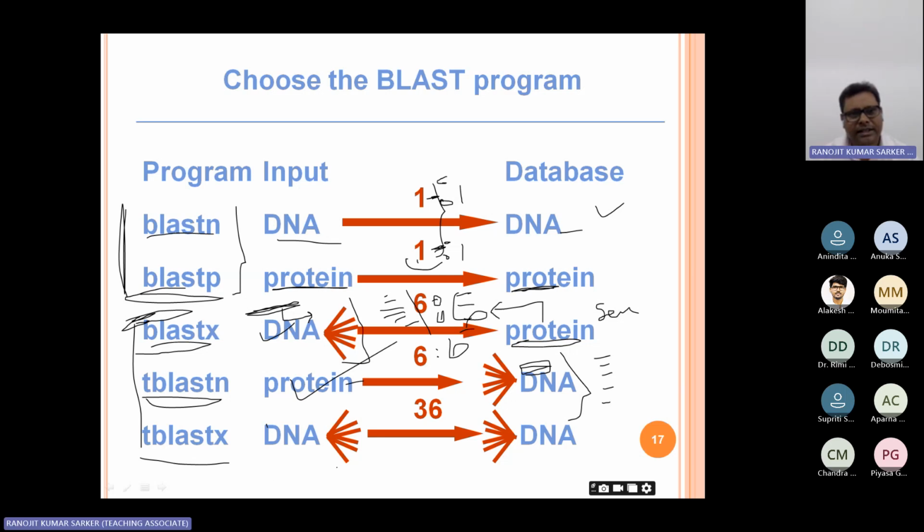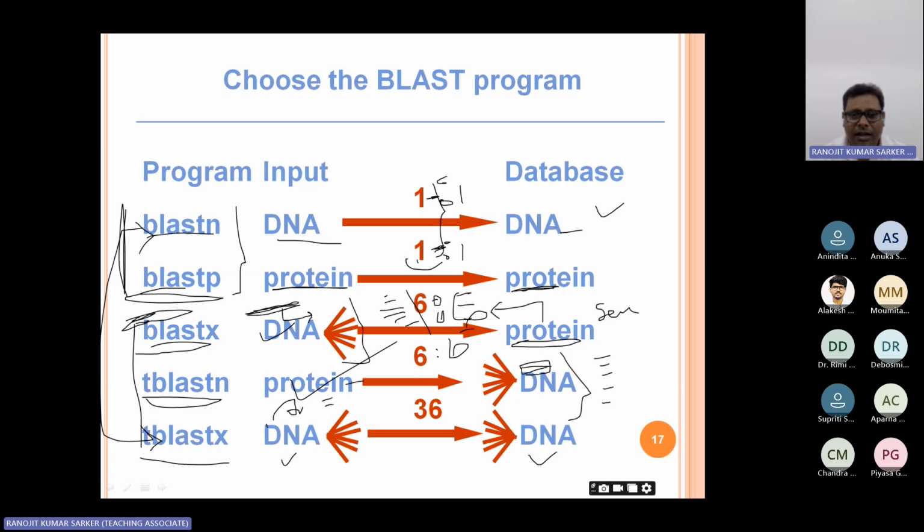Now here in this case, you see it's just like BLAST N, but it is actually not. Here also the input sequence is DNA and the target database is DNA. But here what happens? The input DNA will be translated into 6 reading frames.